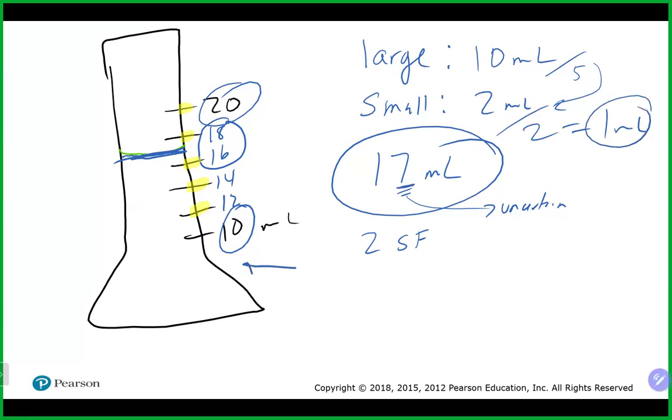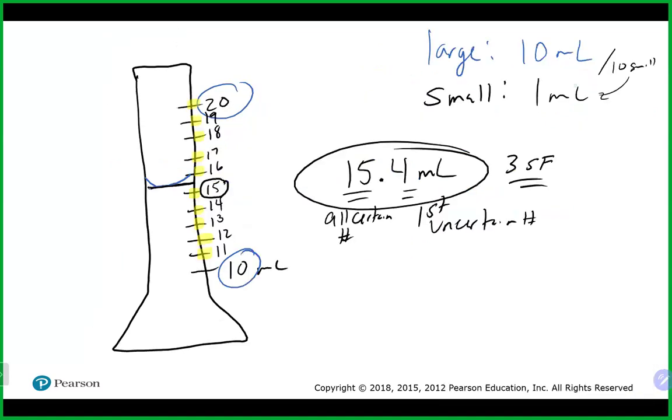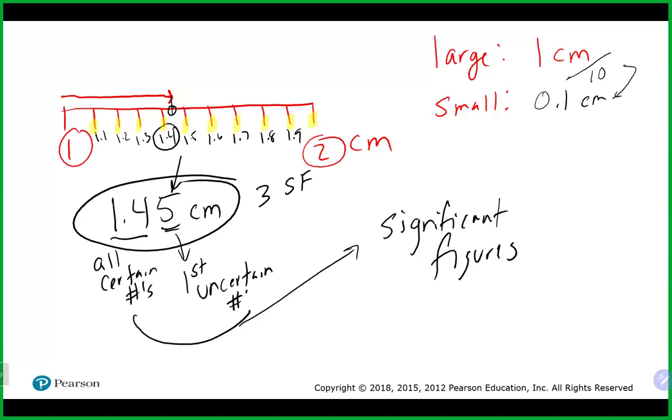If I look at the previous ones we did, the smallest marking here is 1. If I divide it by 2, that's 0.5 milliliters. That's the first decimal place. That's how far I should take the reading to. If I look at the original one, smallest marking was 0.1 divided by 2, 0.05 centimeters, 2 decimal places. That's how far you can take the reading to.